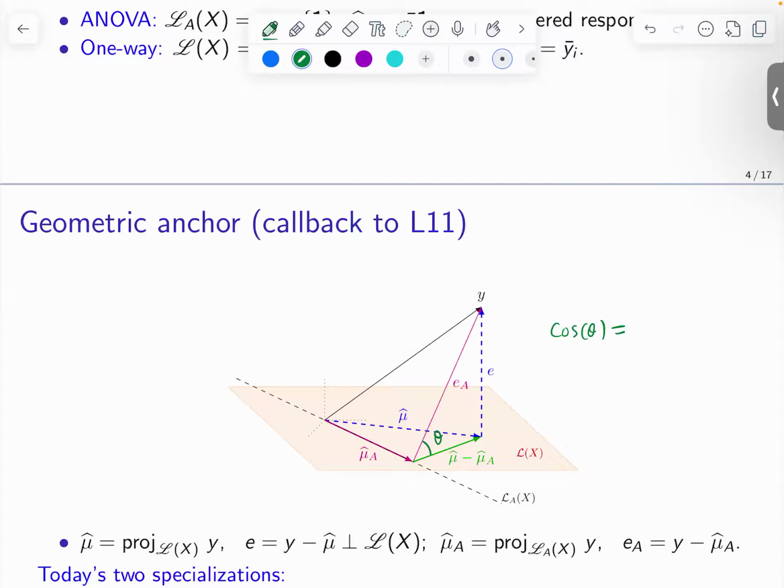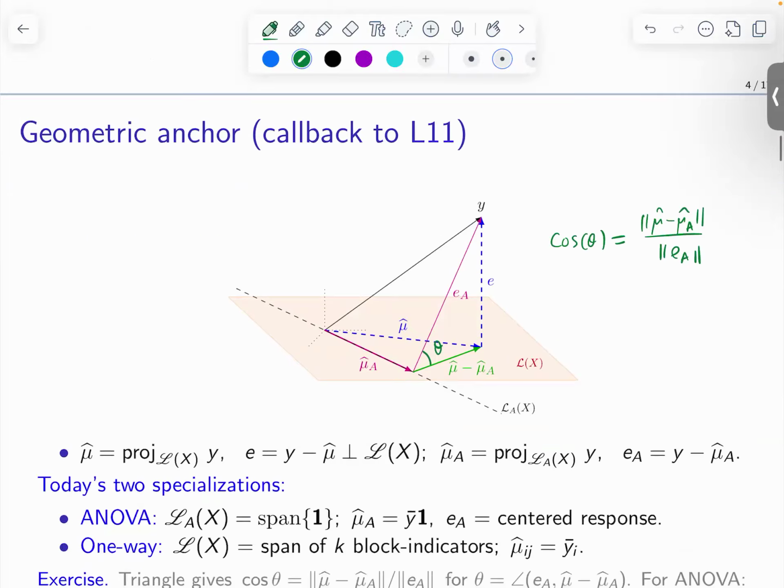How many people have passed a trigonometry course? High school. Sine, cosine. Anyone? So you look at this triangle. Can you tell me what the cosine would be in terms of these quantities? Yes. Yeah, so the length of mu hat minus mu hat A divided by the length of EA, the norm, right?